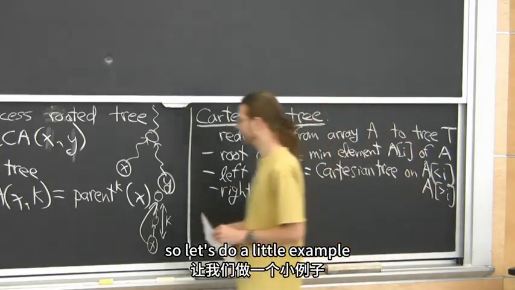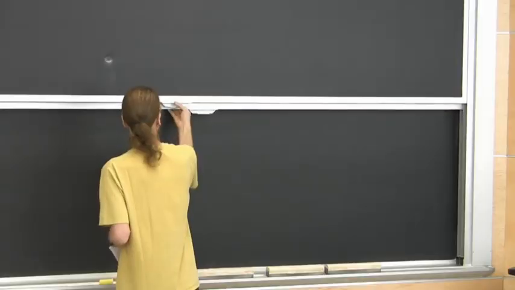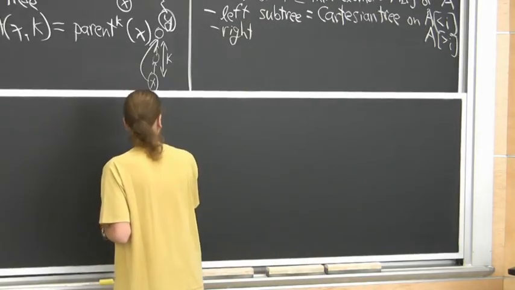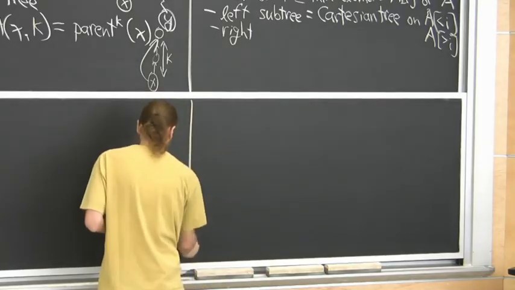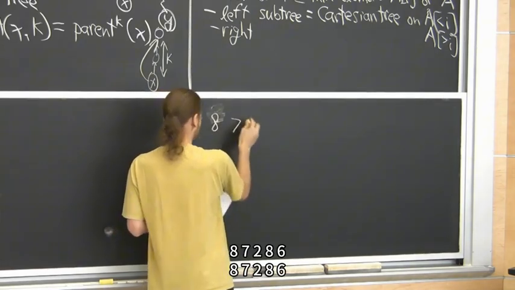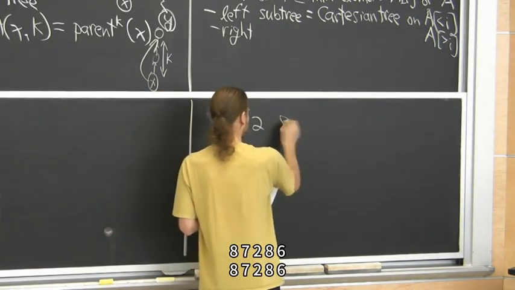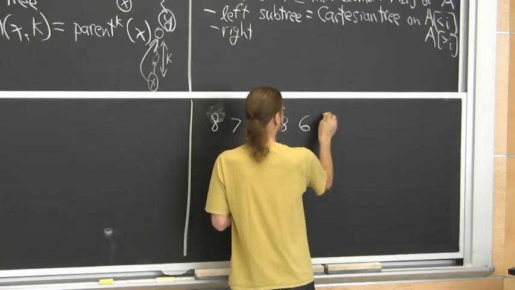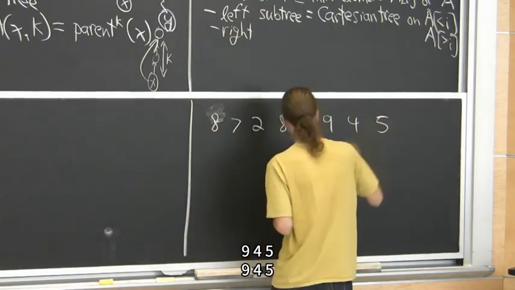So let's do a little example. Suppose we have 8, 7, 2, 8, 6, 9, 4, 5.